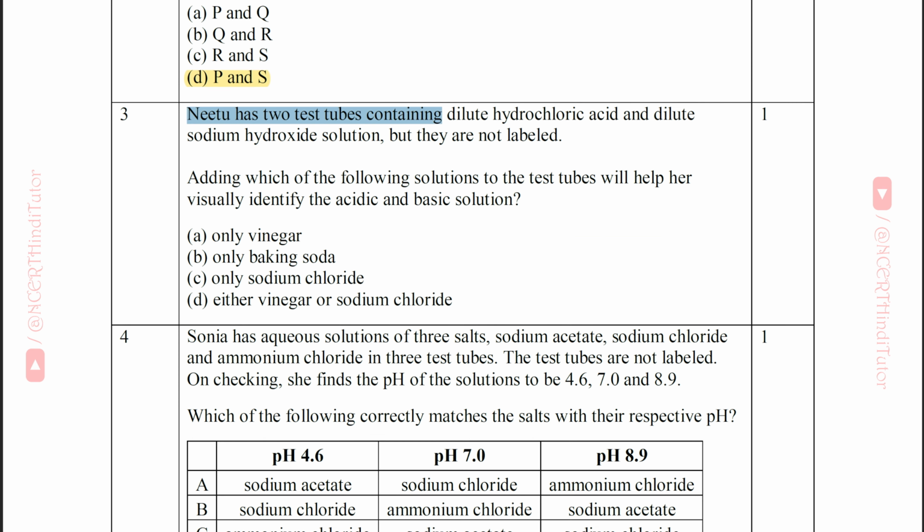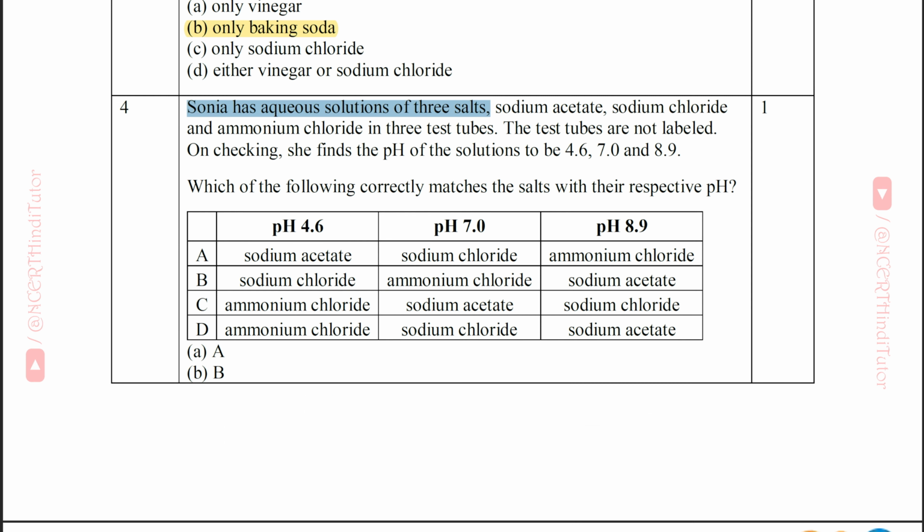Neetu has 2 test tubes containing dilute hydrochloric acid and dilute sodium hydroxide solution, but they are not labeled. Adding which of the following solutions to the test tube will help her visually identify the acidic and basic solutions? Answer B. Only baking soda. Next question. Sonia has aqueous solutions of 3 salts, sodium acetate, sodium chloride and ammonium chloride in 3 test tubes.